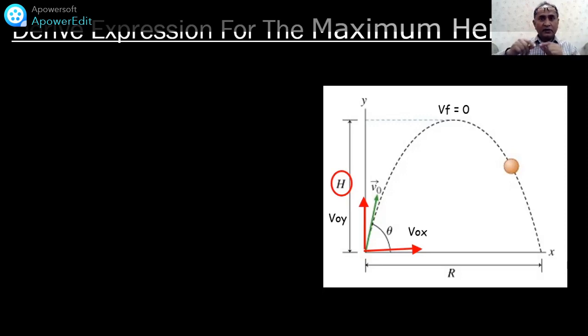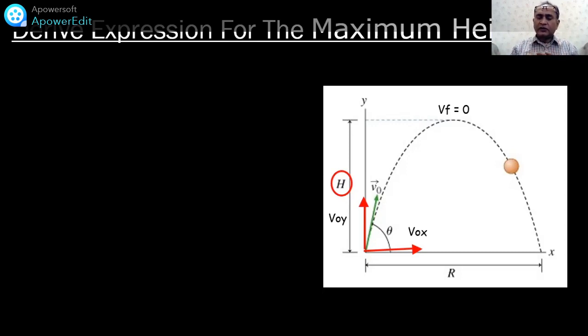Here we are going to make an expression for the maximum height reached by the projectile. So we will consider the vertical velocity part, which is V naught sine theta. Vy is equal to V naught sine theta.